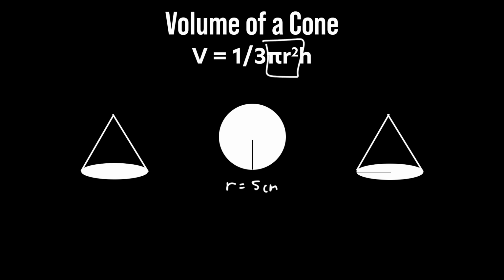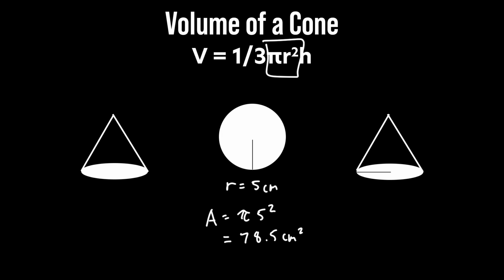And so it would be area is equal to pi times 5 squared. And this is going to end up being 78.5 centimeters squared. And if this was the bottom of a cone, we would multiply by 1/3 times the height to find the volume of it.